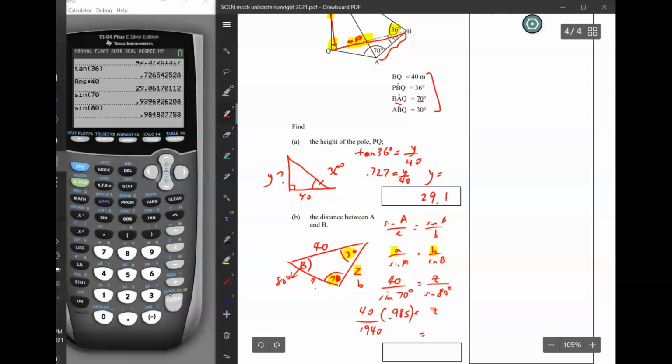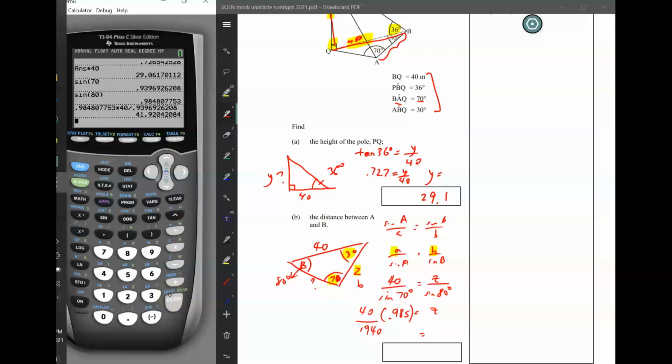And if we multiply all those out, we'll have 0.985 times 40 divided by 0.940, which is that one. Notice how I was able to keep all the digits by using copy and paste. And so the result is 41.9. So I just write that here. And we're done.